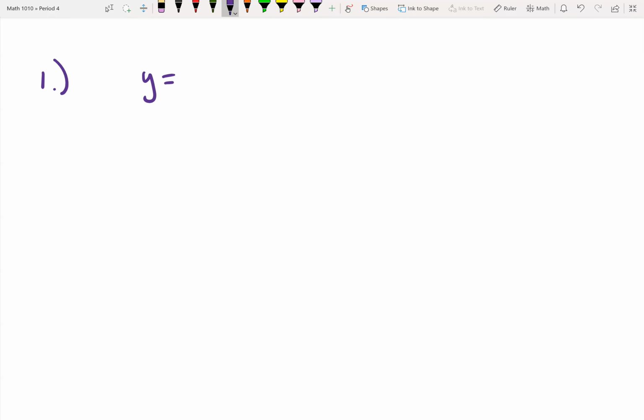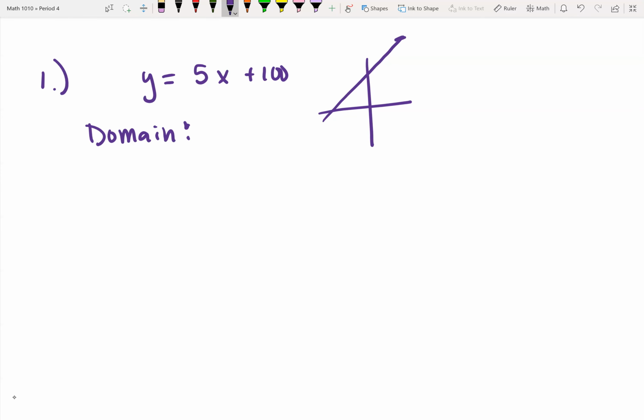Okay, so if this were your problem, like that, what is the domain of that graph? Well, if I graphed it, then this is just a line that looks like that. And what's the domain of that line? Well, if you travel from left to right, it's everything, okay?